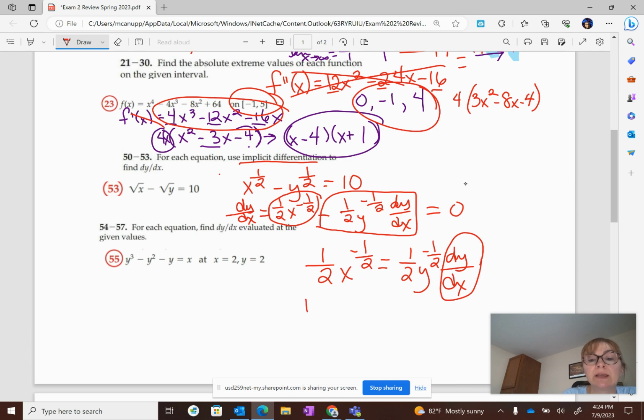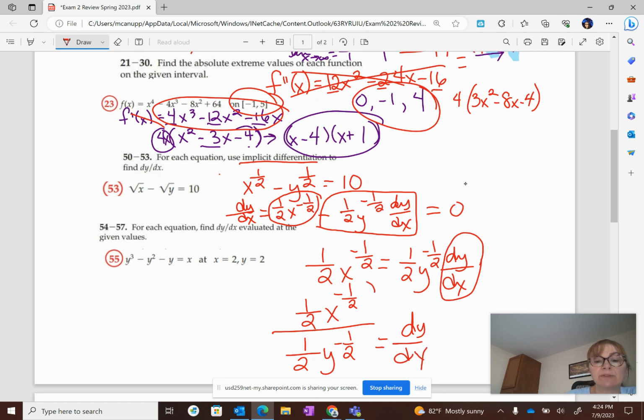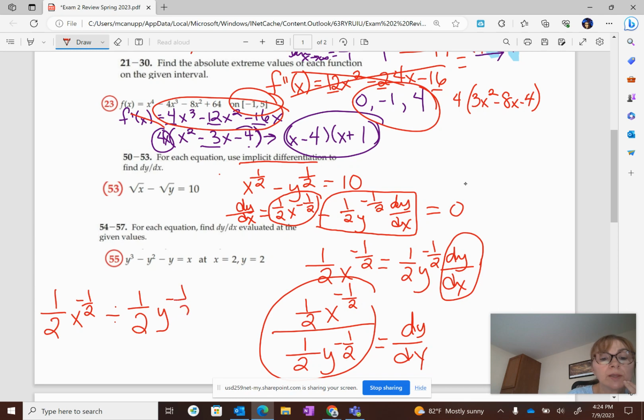So I'm basically going to have a very complicated thing that we're going to simplify using the trick that I showed you. 1/2 divided by 1/2 is 1.